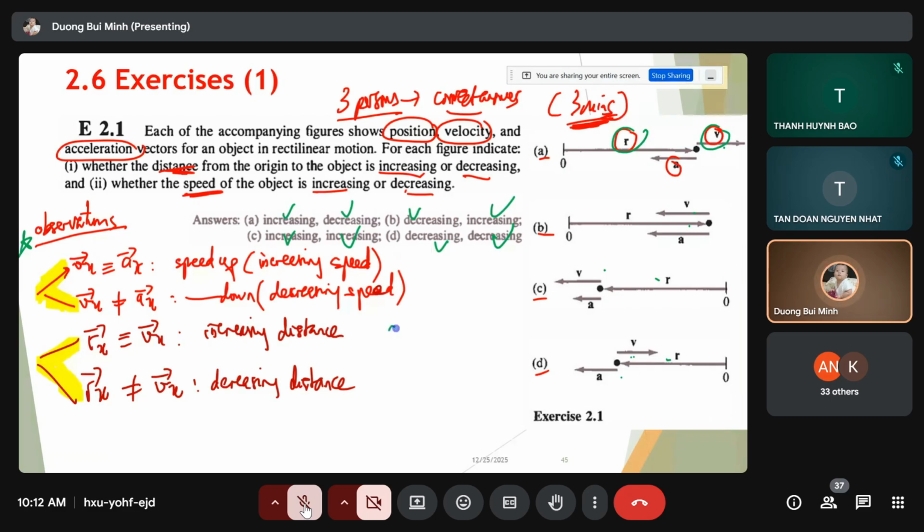So just remember some formulas, please. We have a average equals Vf minus Vi over Tf minus Ti, and v average equals Xf minus Xi over Tf minus Ti. Okay, that's all. Any questions so far?